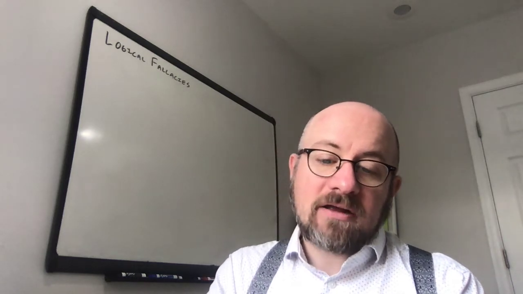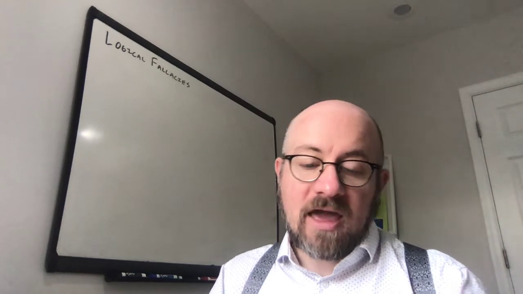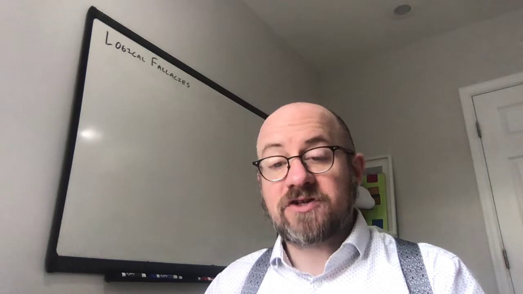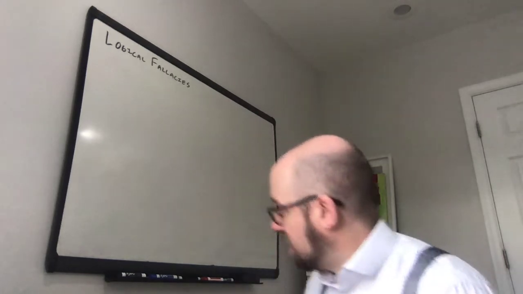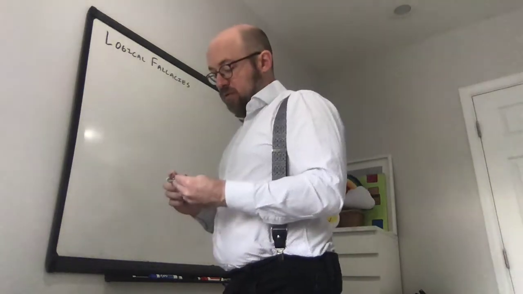If you want to make a logical argument, you have to combine statements that are true, and then if those statements are true, it makes a third statement automatically true. It has to be true if the first two are true. Let me give you an example, using what we've worked with before.